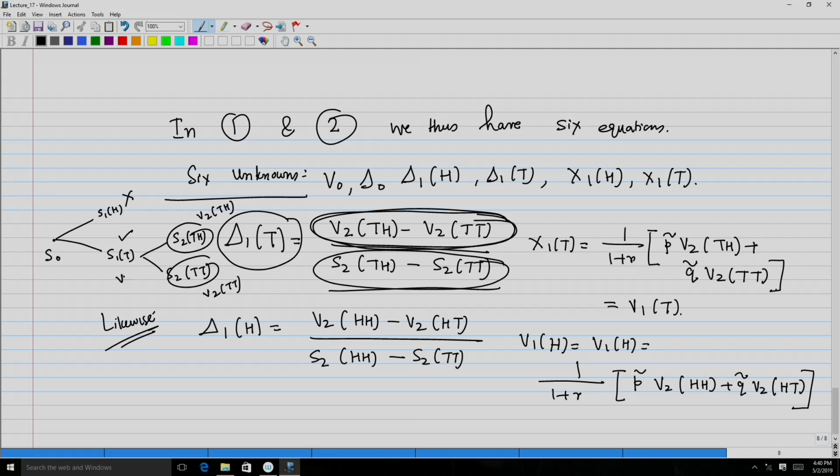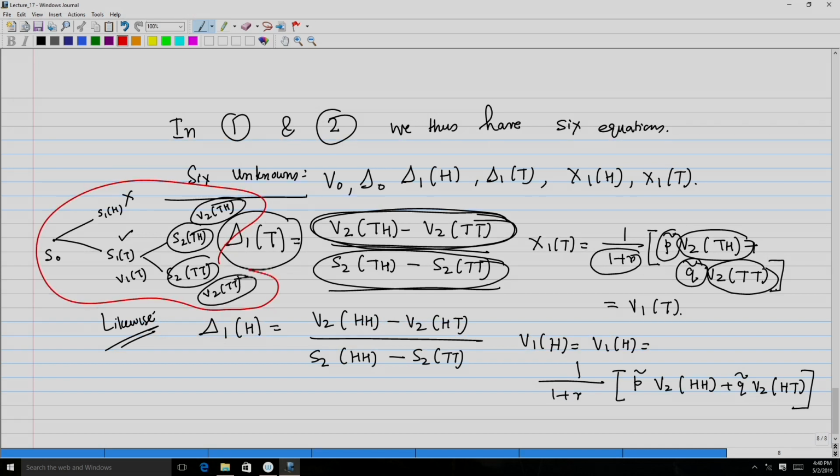So, the value of V1 of t is going to be the expected discounted value of V2 of th and V2 of tt. Accordingly, we have V2 of th and V2 of tt multiplied by the corresponding risk neutral probabilities p tilde and q tilde, and then discounted by 1 plus r, and this is going to be V1 of t at time t equal to 1.